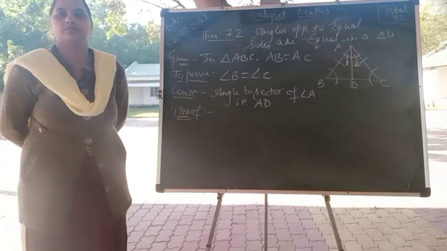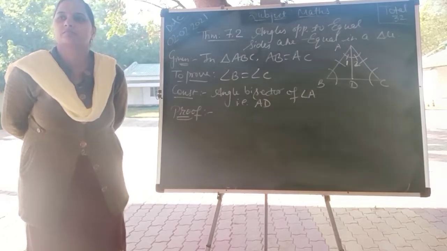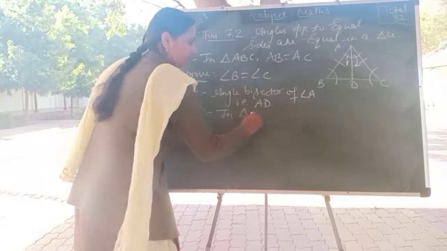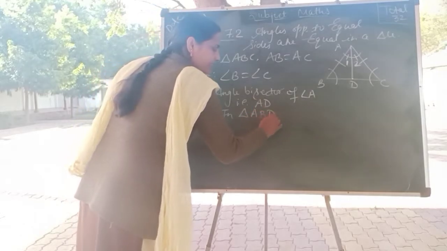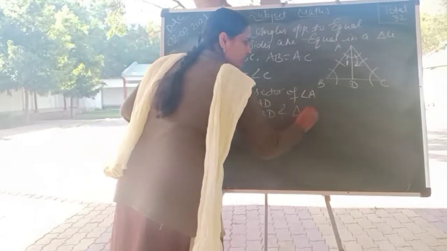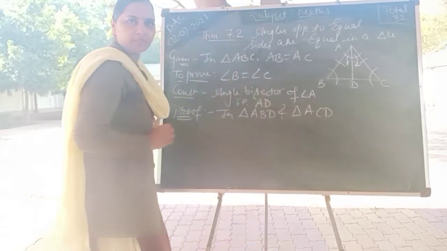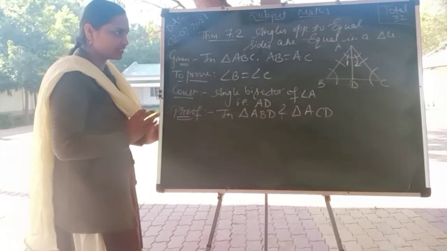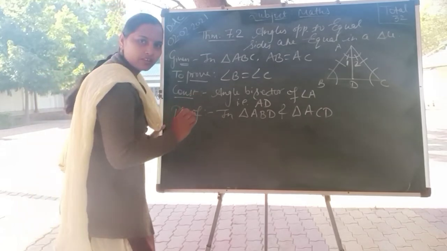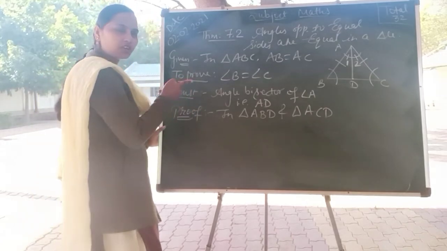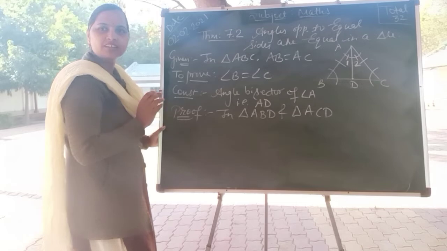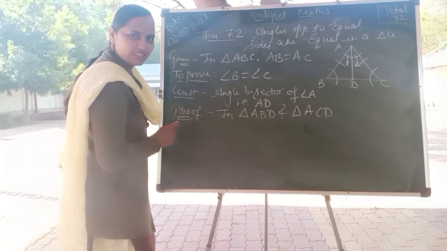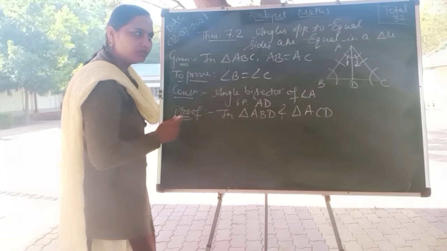First I will select the triangles. In triangle ABD and triangle ACD, let us check which parts are equal, one by one. What we know? Look at the given.